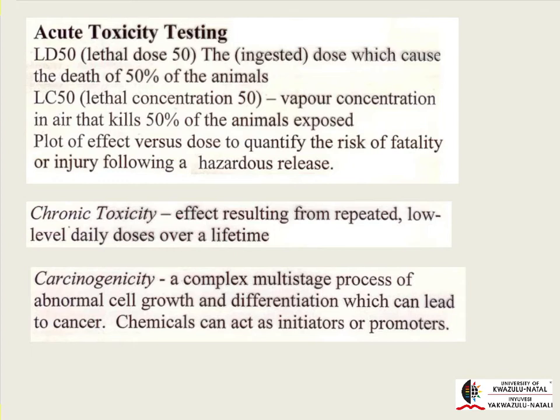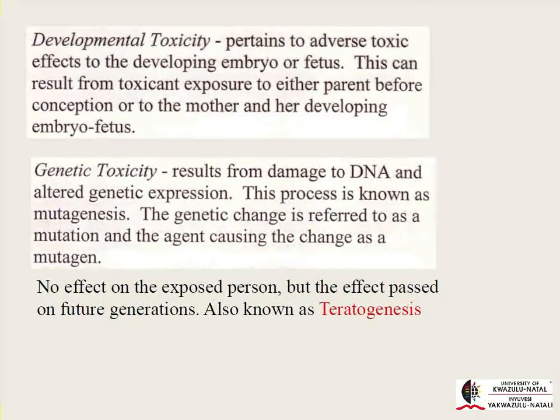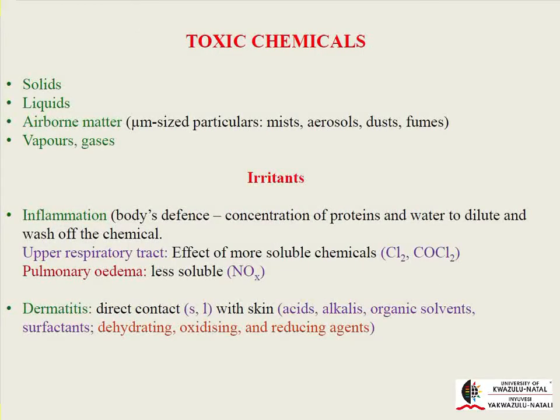You can read through that on your own. Also developmental toxicity, teratogenicity, genetic toxicity, etc. We've looked at that as well. Moving on to examples of some toxic chemicals and issues of toxic chemicals.